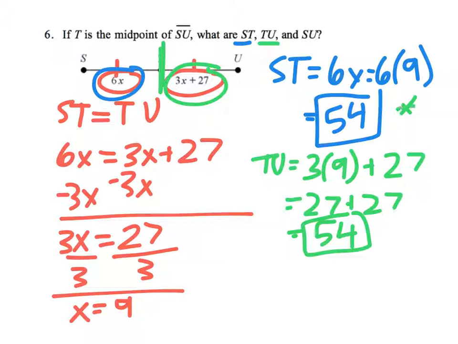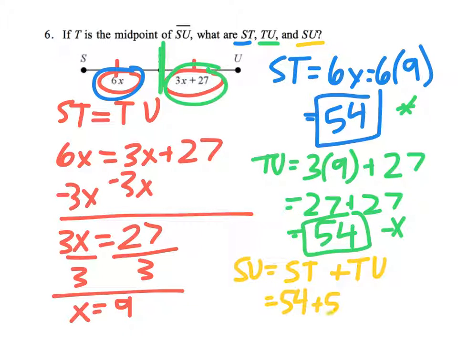So ST and TU should be the same, which they are. And then they want to know what the whole line is, which is SU. SU is just the same as ST plus TU. So we're just going to do 54 plus 54, and you should get 108. And those are your answers for 4, 5, and 6.